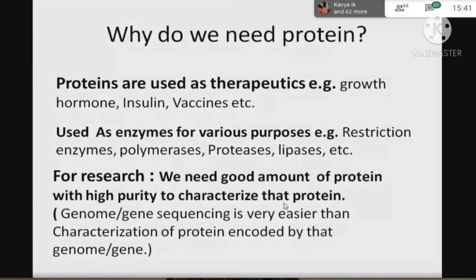For research, we need a good amount of protein with high purity to characterize it. I have already discussed that genome and gene sequencing is very easy nowadays, but characterization of the product of that gene is difficult. So for all these purposes, we need proteins. So how can we get proteins?